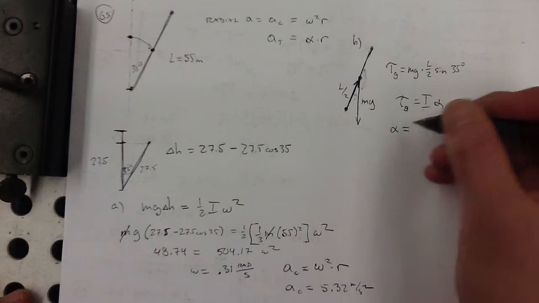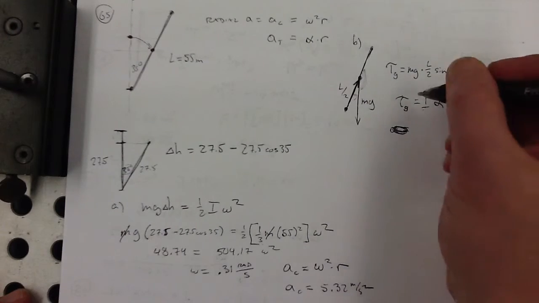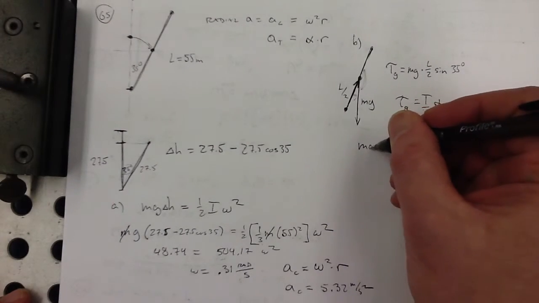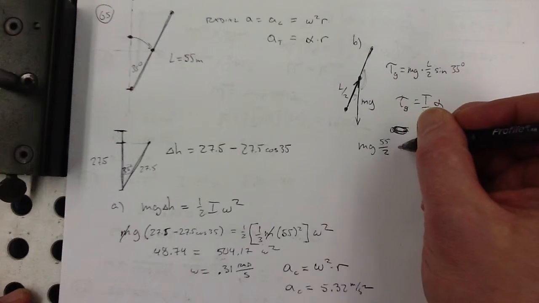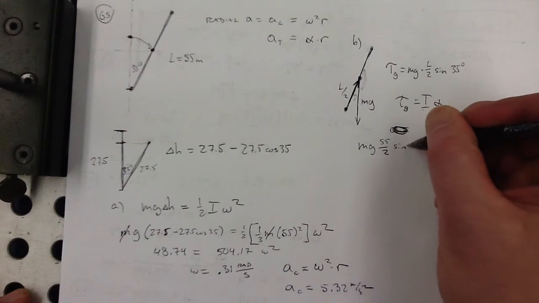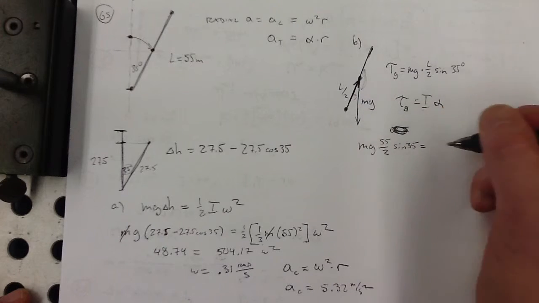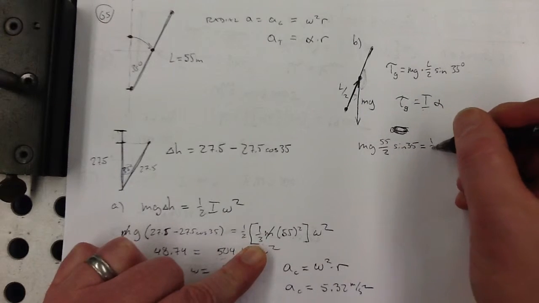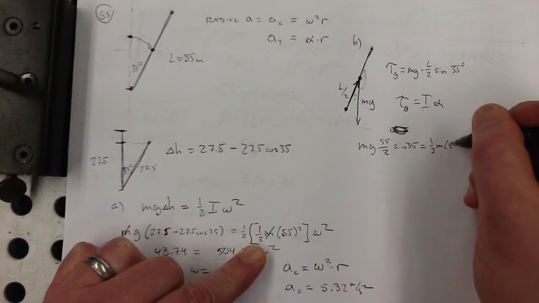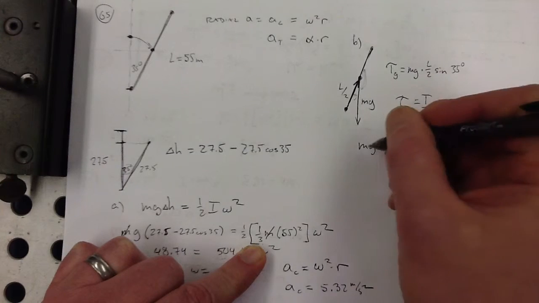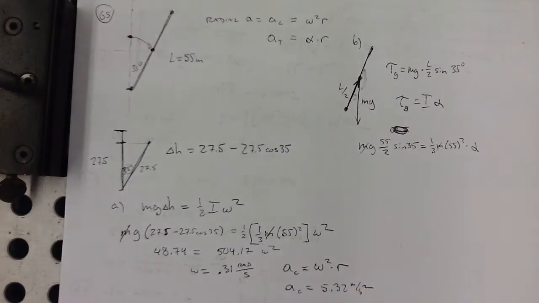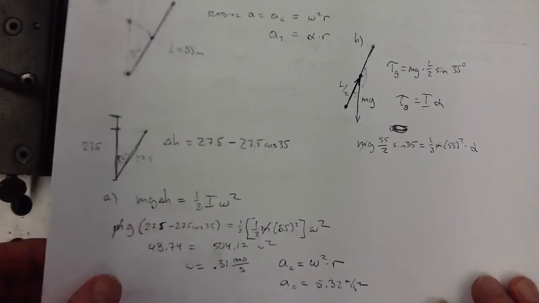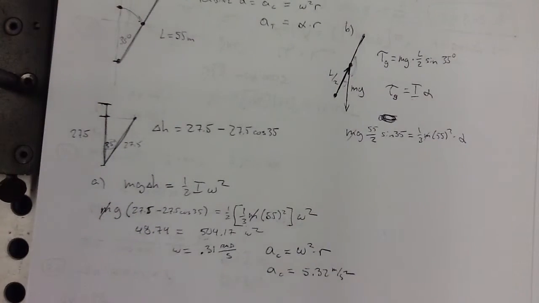So let me write out the equation. Here's my torque: m g times L over 2, times the sine of 35, is equal to I, which is 1/3 m L squared, canceling m's, times alpha. You see that all? Just about.